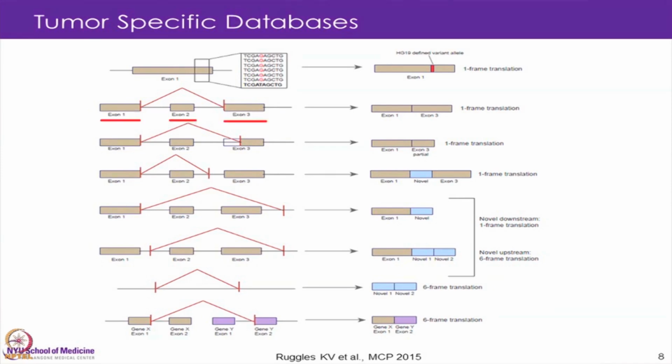This one up here is simply that we have 3 exons, and according to the reference database, exon 1 is connected to 2, which is connected to 3. But in the RNA-seq, we also see that exon 1 is connected directly to exon 3. We also see a lot of other cases where we get connections from the middle of an exon, from an intron, and so on.